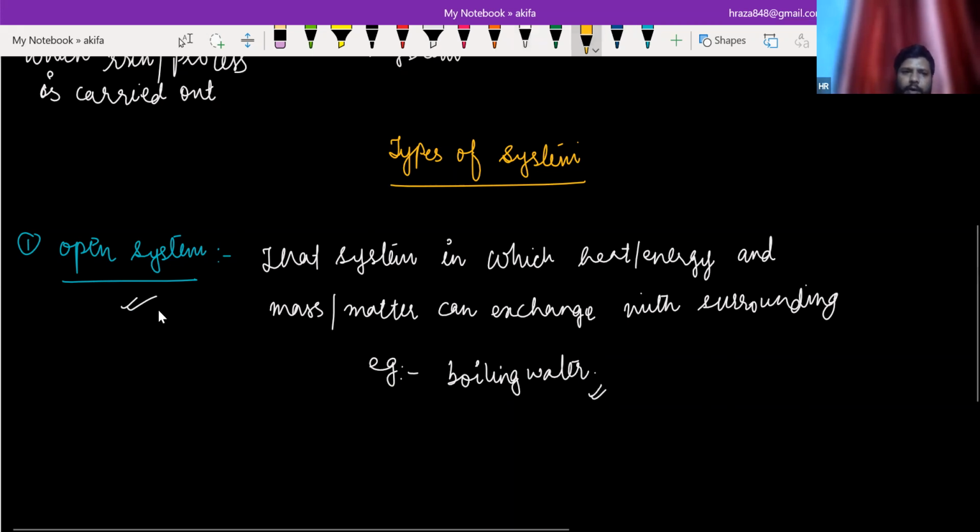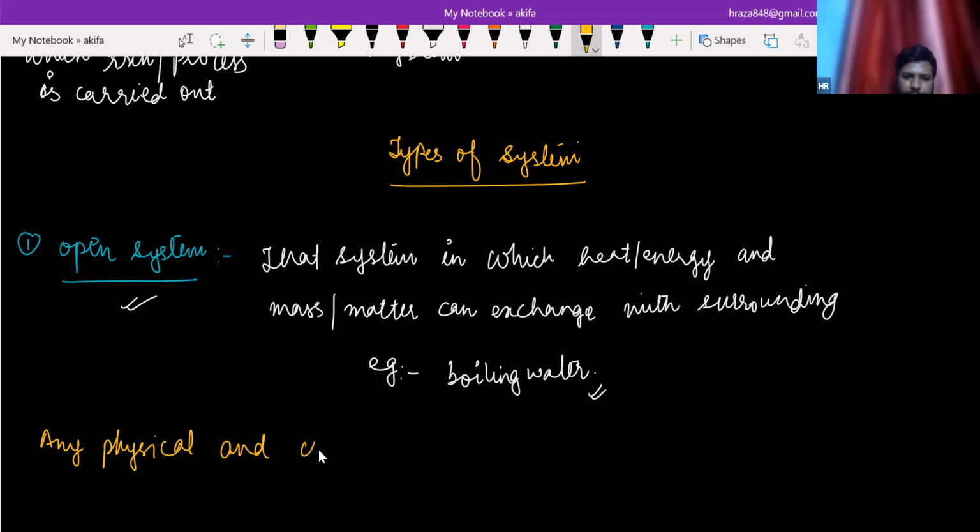This is the first type of system. Or we can write any physical and chemical process carried out in open vessel.